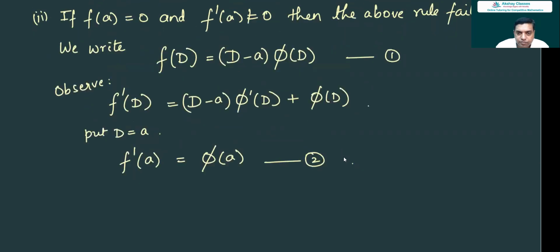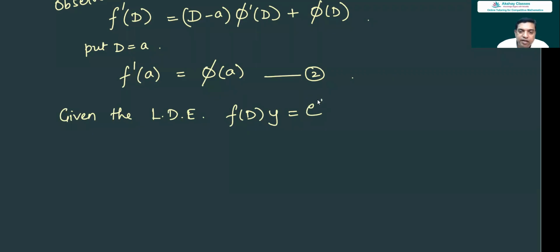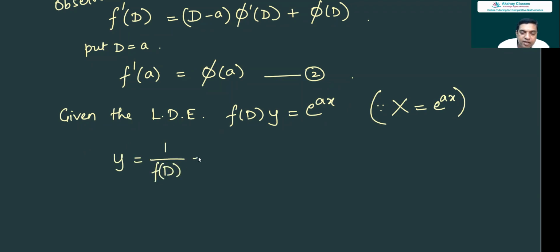So now, given the linear differential equation, f of d times y is equal to x, which is e power ax. We are discussing this. So particular integral, so y is 1 by f of d times e power ax.